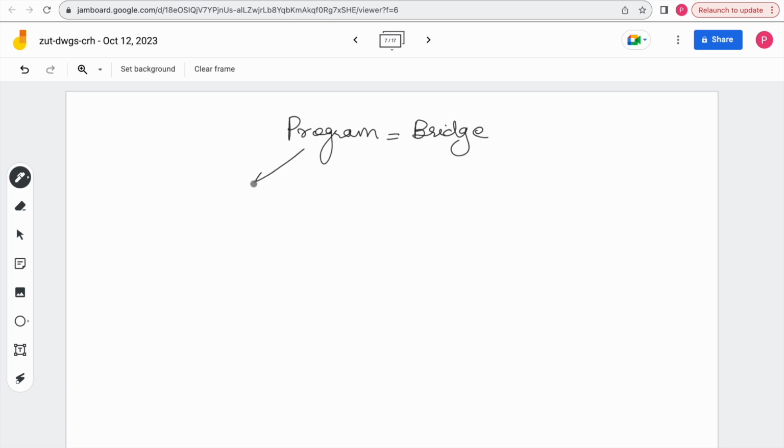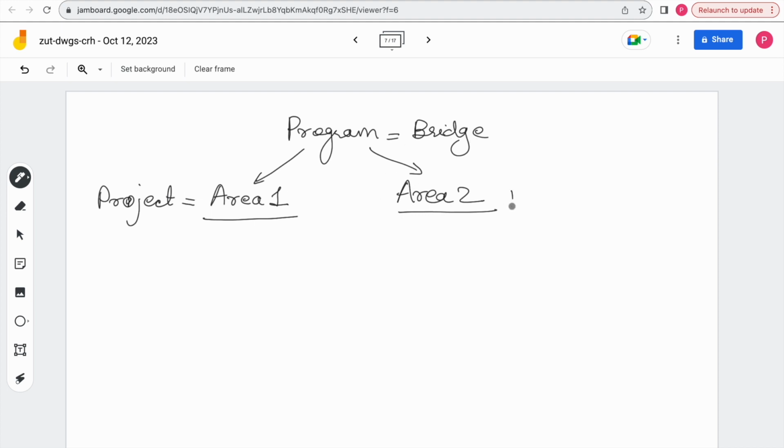Let's say he has bridges of different types, or in different areas. So in area 1, there is one bridge construction going on, and in area 2, there is another bridge construction going on. They are projects. As both are bridge construction projects, I have placed them under one program manager. So one program manager here has two projects.